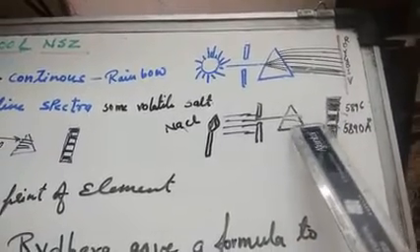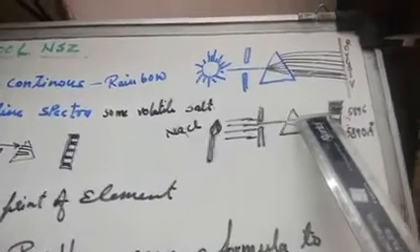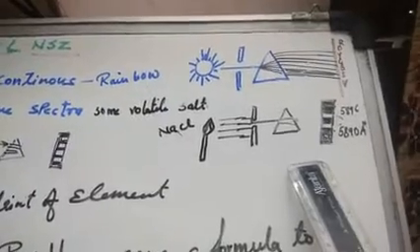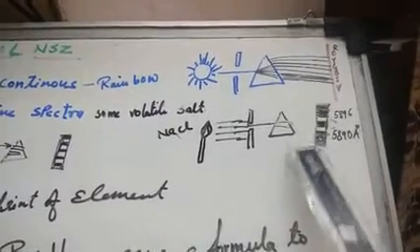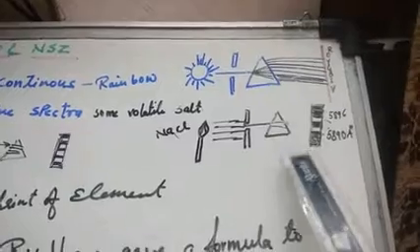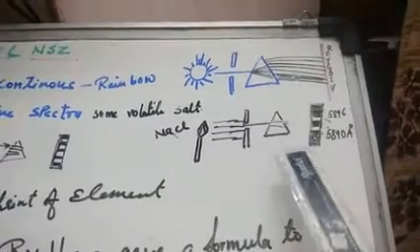Two bright lines are observed interrupted by dark zone. So that bright light is given by actually sodium.